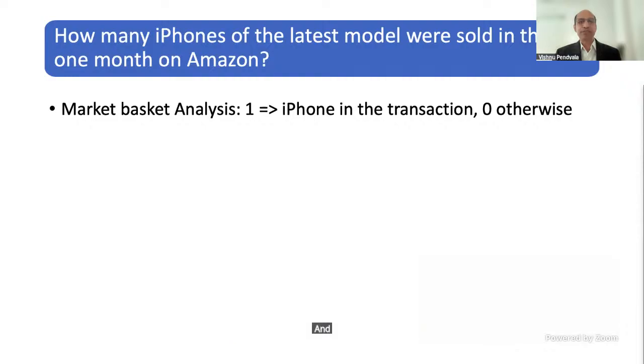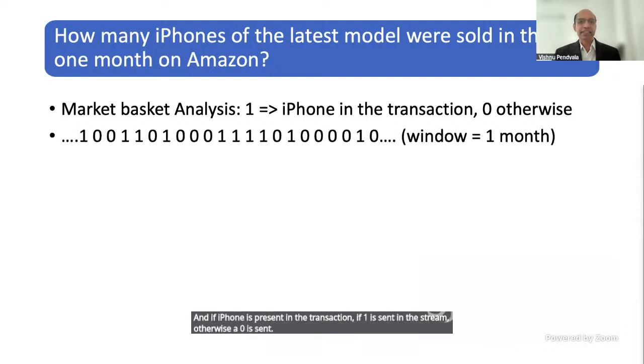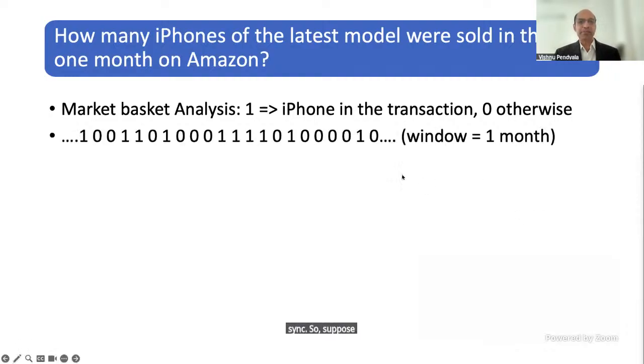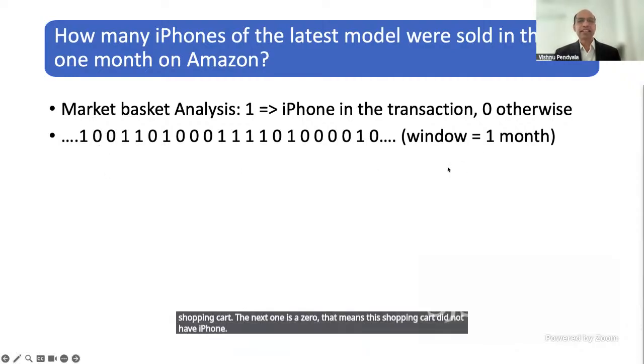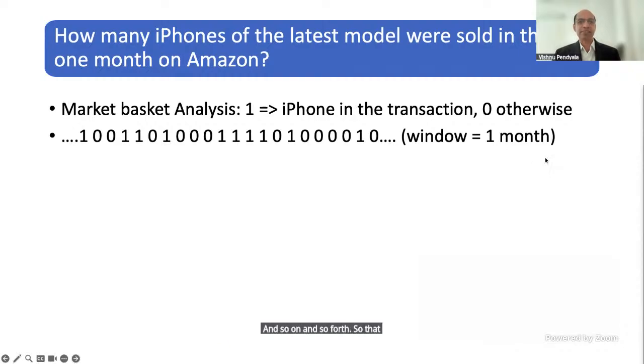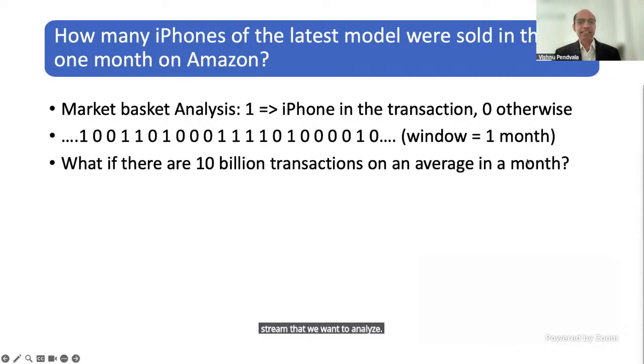If iPhone is present in the transaction, a one is sent in the stream, otherwise a zero is sent. Suppose the window is 1 month. We get all these ones and zeros. The first is a one, which means this transaction had an iPhone in the shopping cart. The next one is a zero, which means this shopping cart did not have an iPhone, and so on and so forth. That is the stream that we want to analyze.